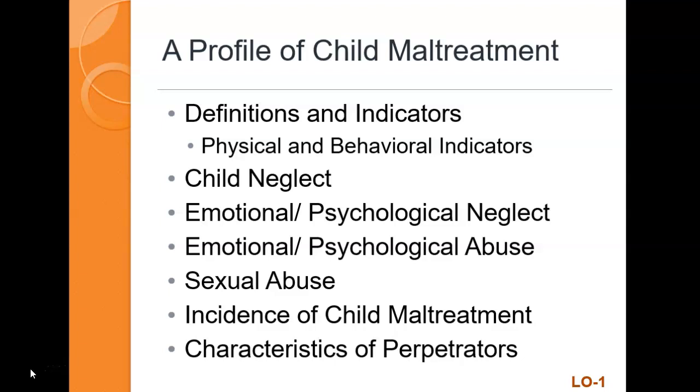So in short, when children are removed, they're oftentimes placed with other family members, which we call kinship care, when possible. If not, then that child has to be placed with a foster family.